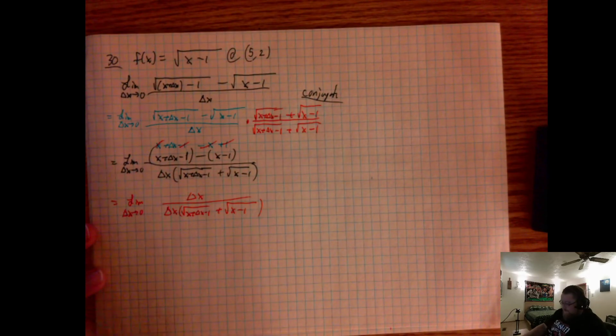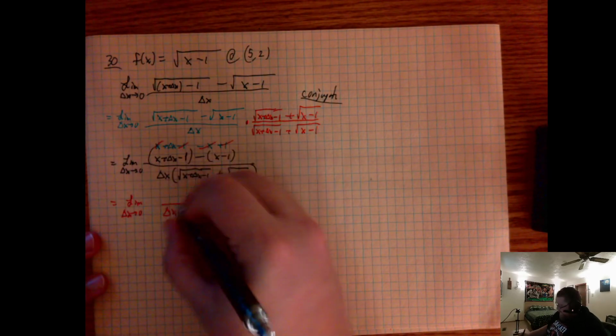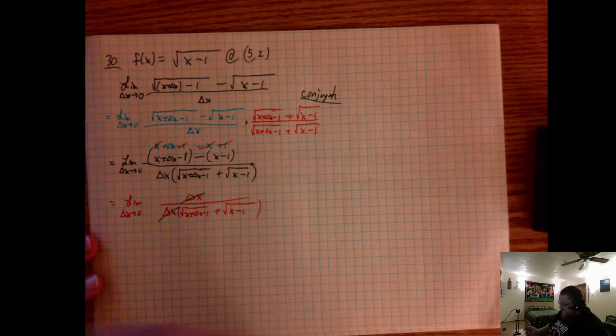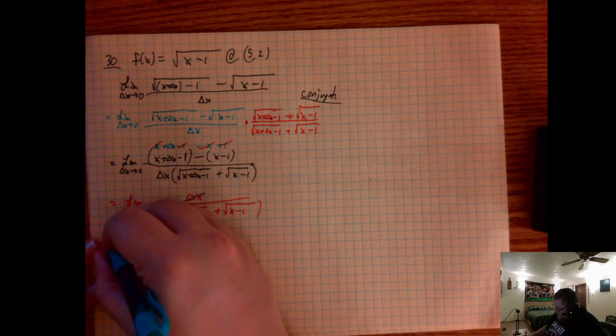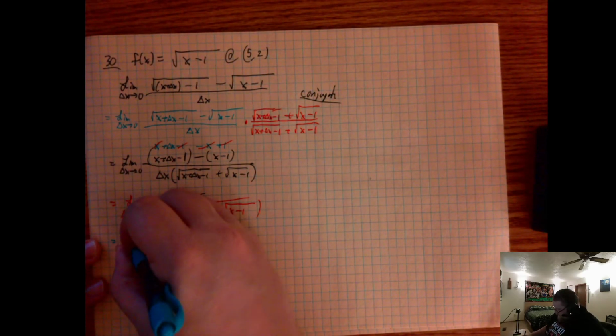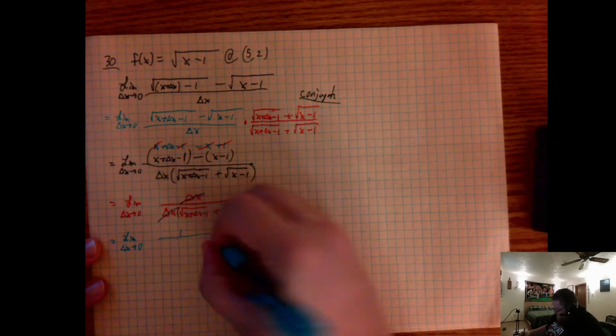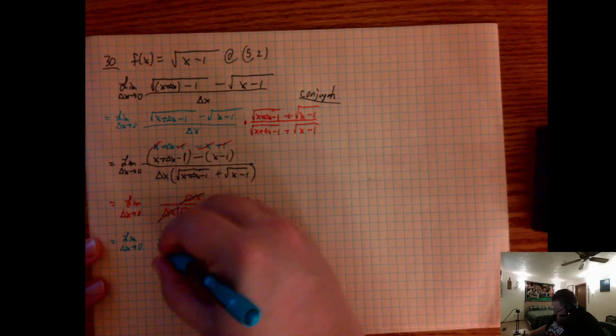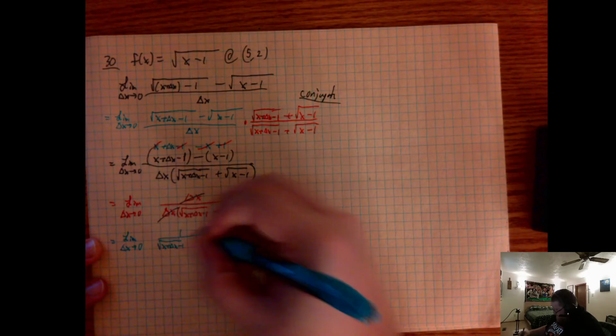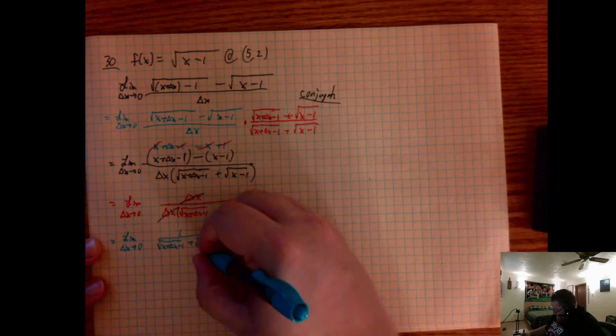Why is that good? Well, we can cancel on top and bottom. The delta x and delta x are going to cancel, leaving me with the limit as delta x approaches 0 of 1 over the square root of x plus delta x minus 1 plus the square root of x minus 1.